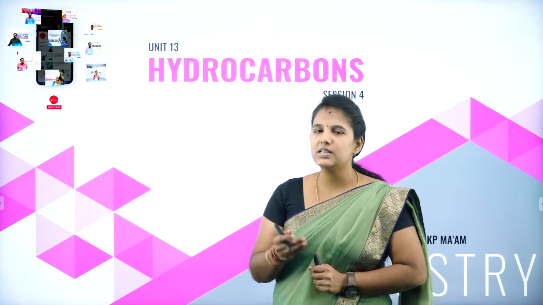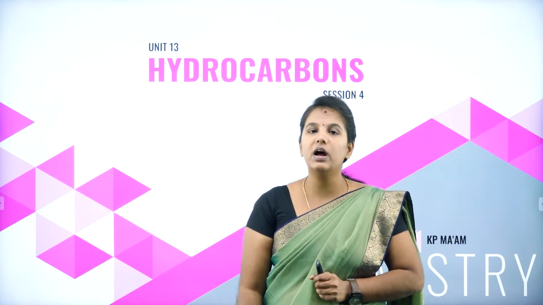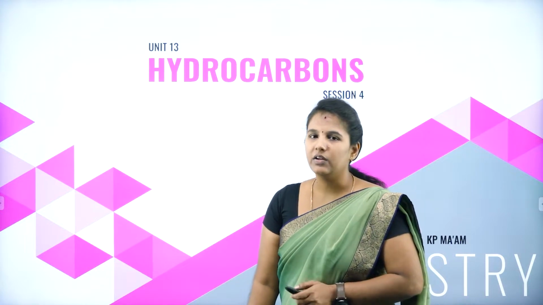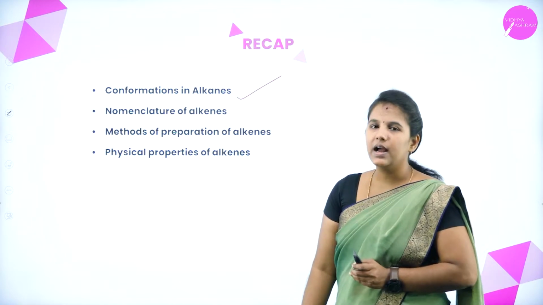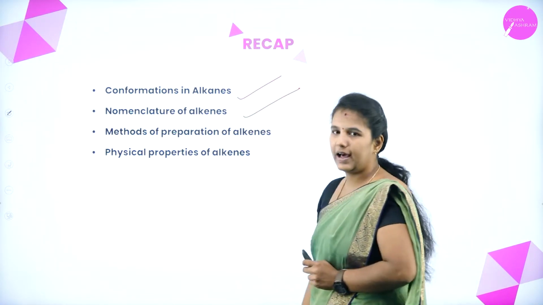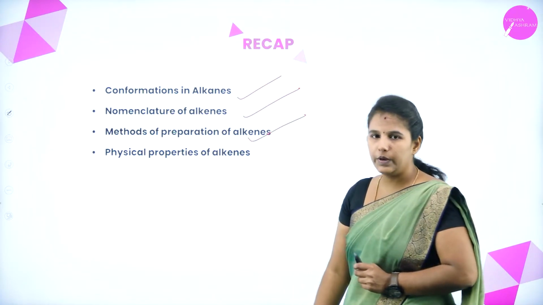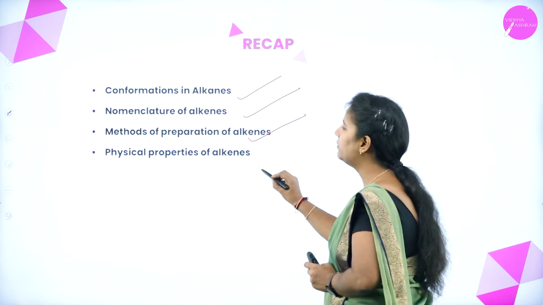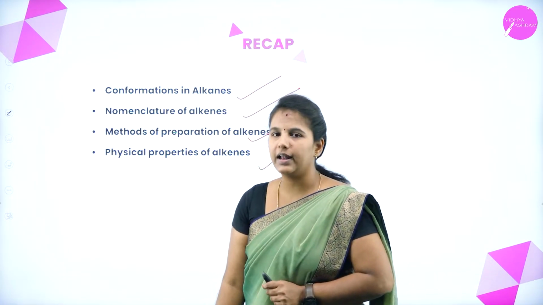My dear students, in our last discussion, we were dealing with the unit called Hydrocarbons. In that, we discussed the conformations of alkanes, the nomenclature of alkenes, the methods of preparation of alkenes, and finally the physical properties of alkenes.